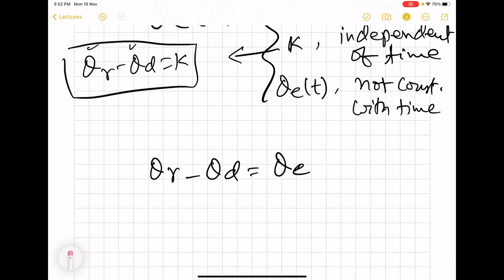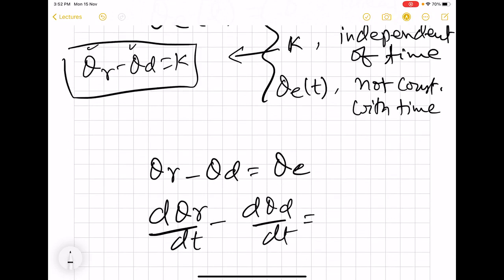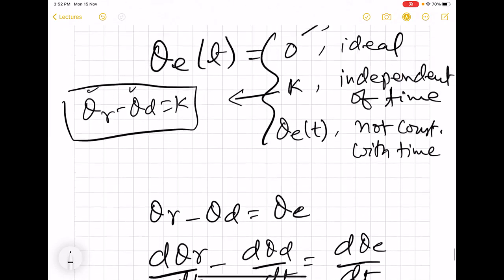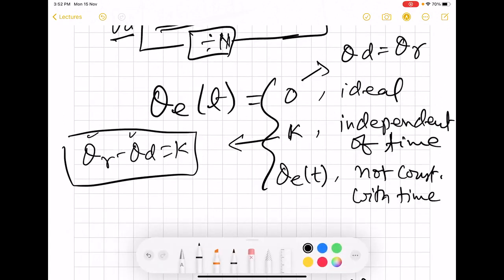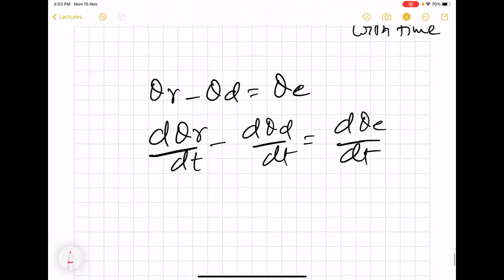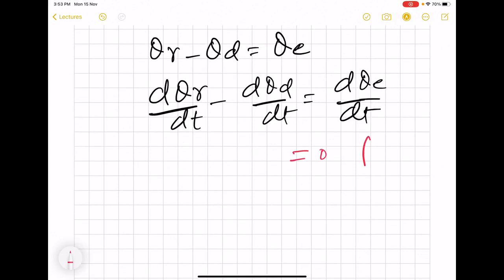So now if we differentiate this, we see that for case 1 and 2, that means for this case and for this case, the right hand side of this equation is going to be 0.